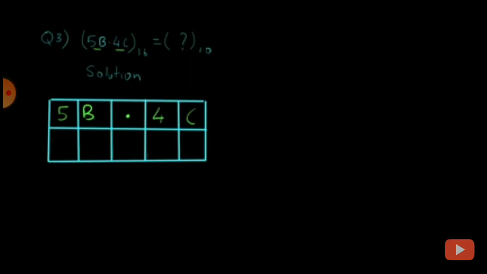So for the integer part, we assign values from right to left of the decimal point, starting from 0. So this would be 0th position and this would be position 1. For the fractional part, we assign positional values from left to right of the decimal point, and these positional values are negative starting from -1 to -2 and so on.